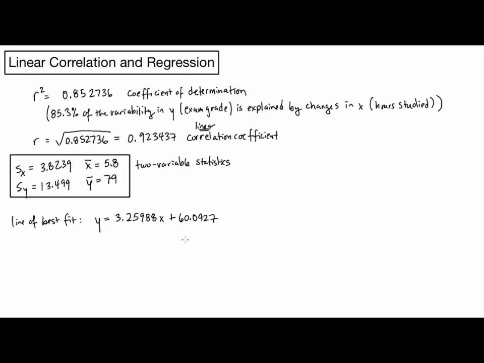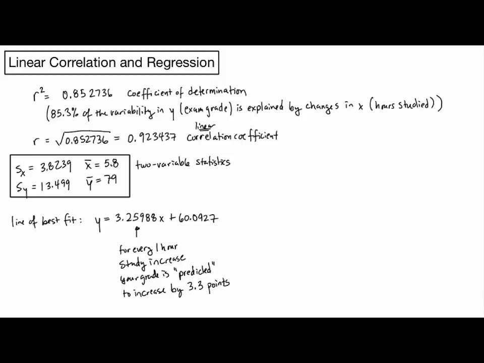Let's make sure that you understand how to interpret this result. This says that for every 1 hour study increase, your grade is predicted, not that it actually will, but it's predicted to increase by, I'll round it here, let's say 3.3 points.